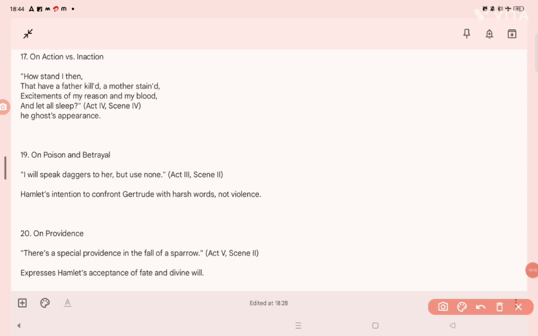"How stand I then, that have a father killed, a mother stained, excitements of my reason and my blood, and let all sleep?" "I will speak daggers to her, but use none." "There is a special providence in the fall of a sparrow."